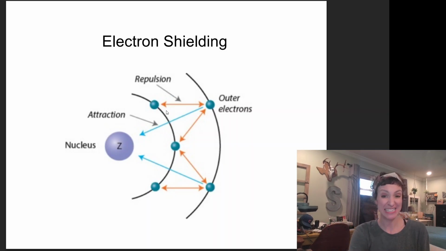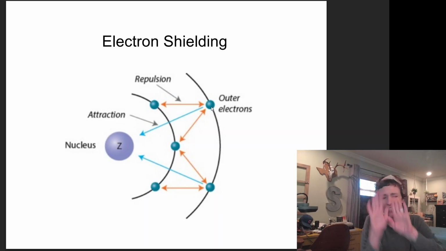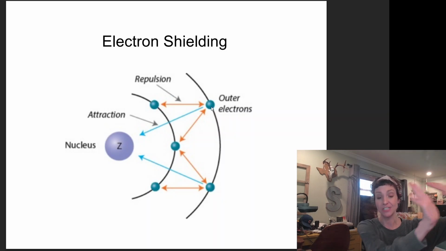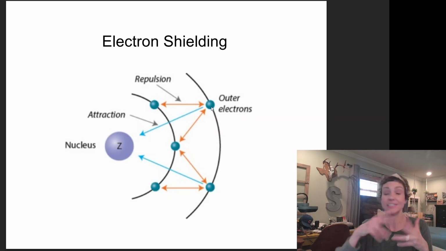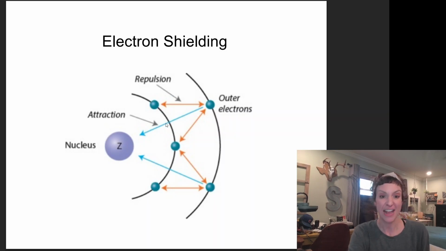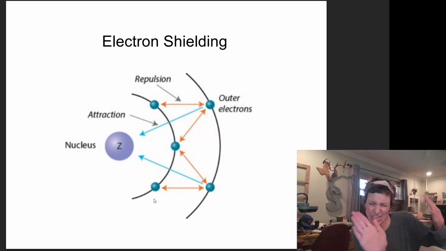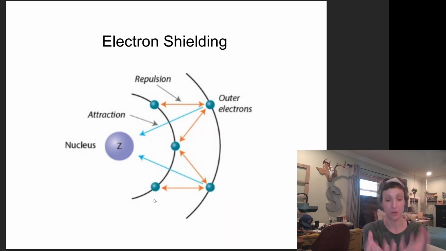So this repulsion in between the energy levels helps push outer energy levels farther and farther away. That's called electron shielding. The electrons in between my nucleus and my outer electrons shield the outer electrons from that nuclear pull in some way. Basically, as I add energy levels, the size of that atom increases, which is why we see that trend going down a group.